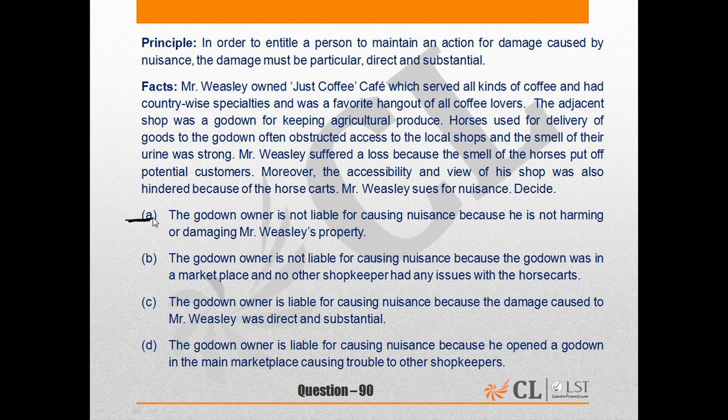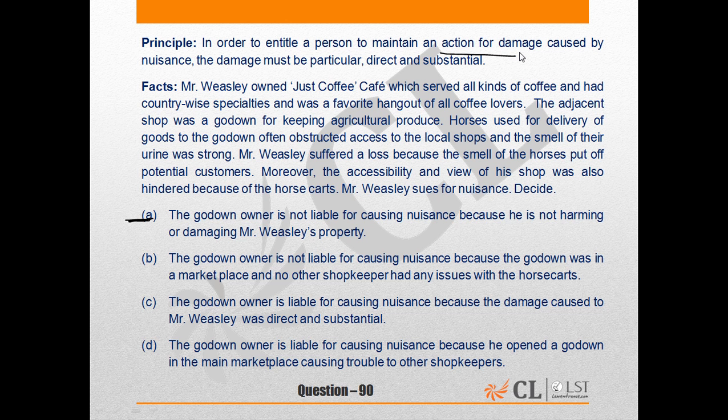Principle says in order to entitle a person to maintain an action for damage caused by a nuisance, the damage must be particular, direct and substantial. Now nowhere does it say that the action for damage needs to be physical.